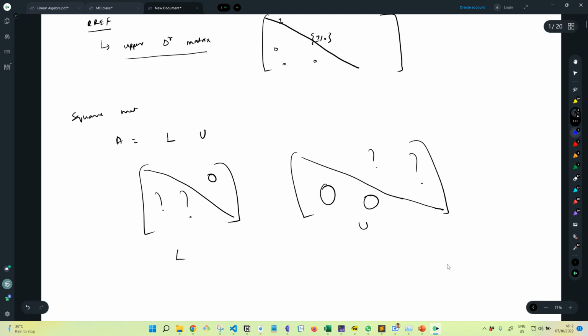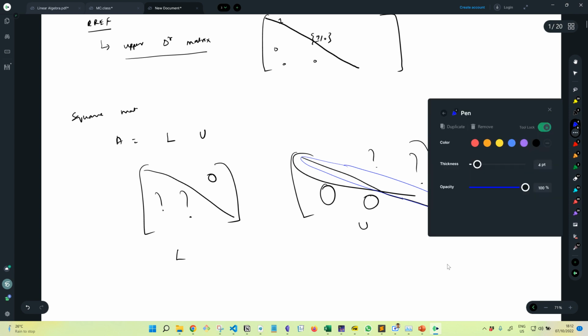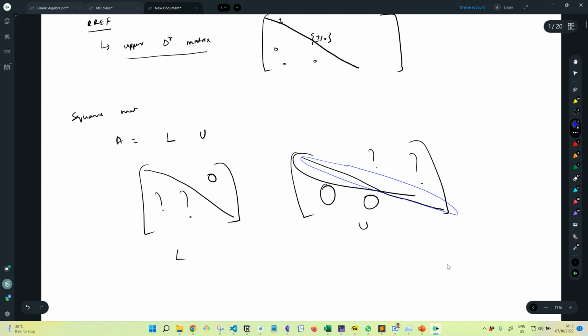Now in LU decomposition, one other constraint is that either the leading diagonal of L or the leading diagonal of U should be all ones.